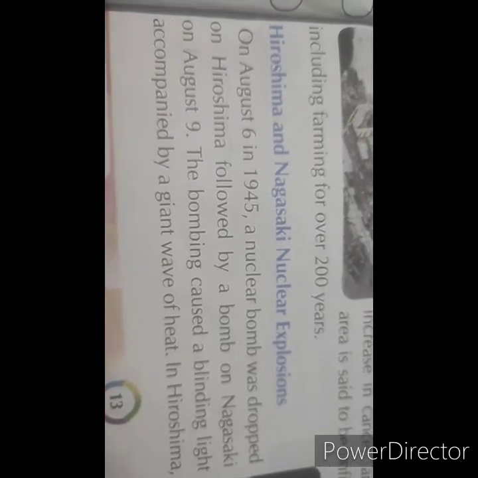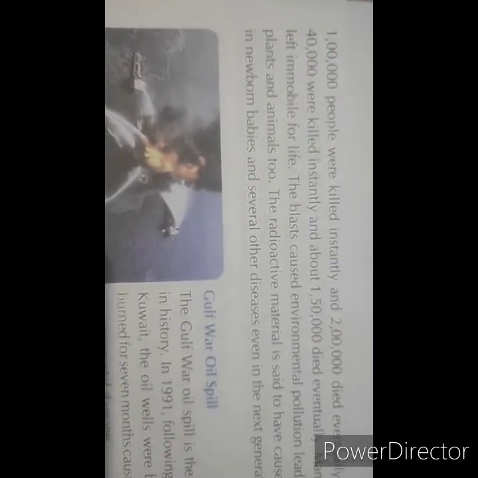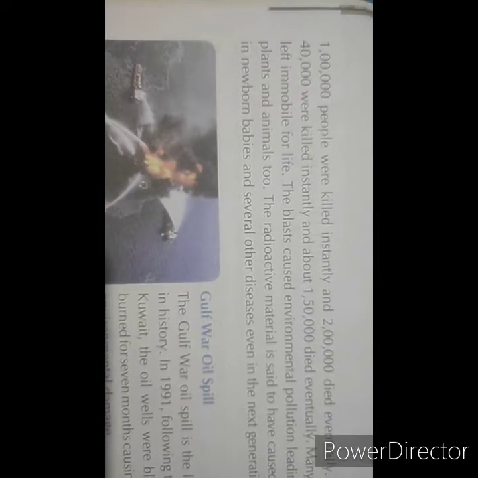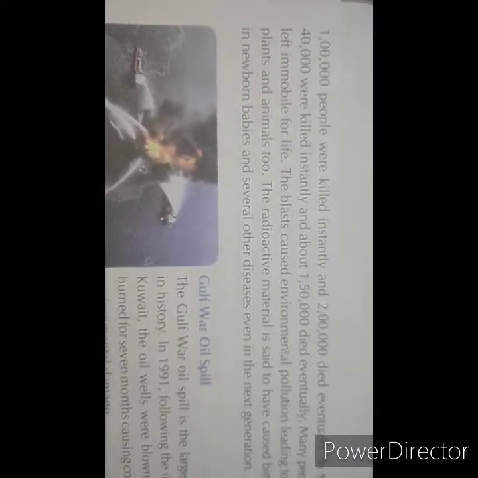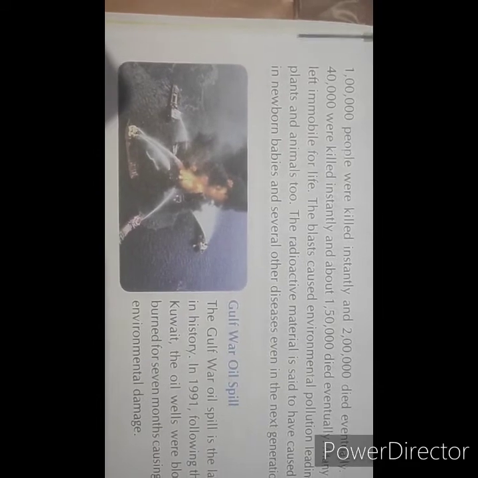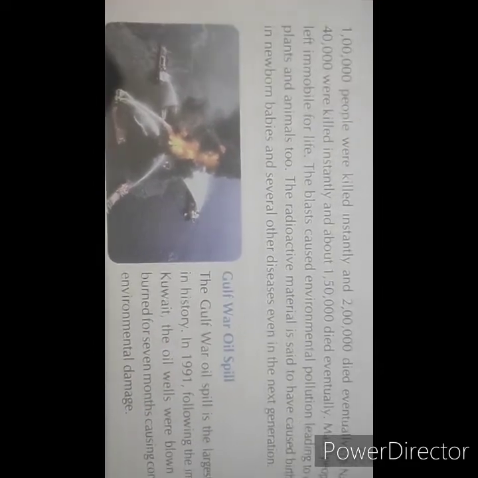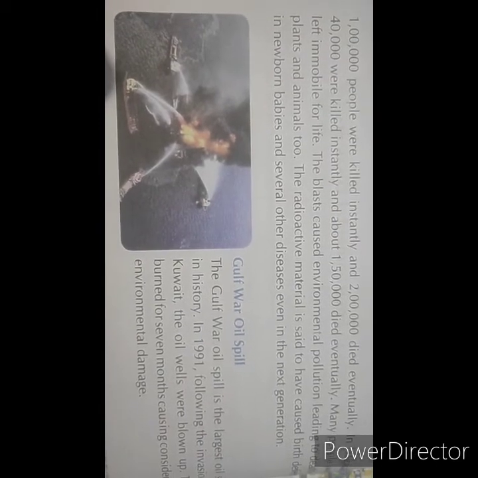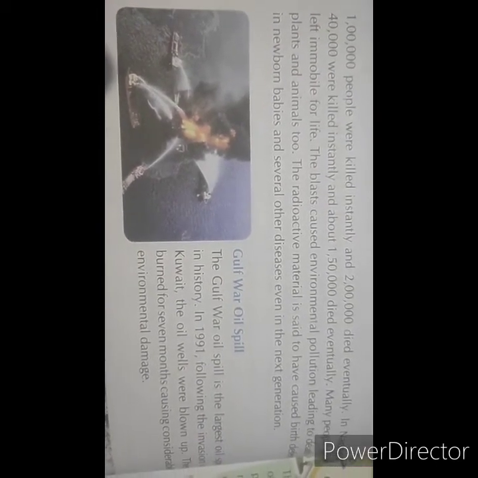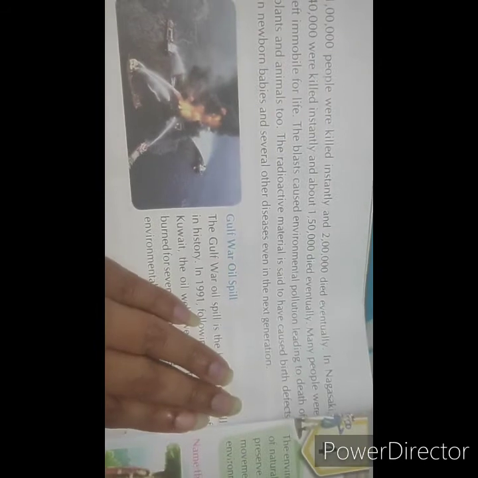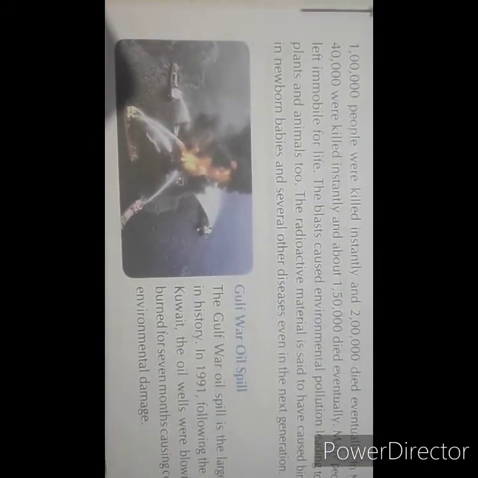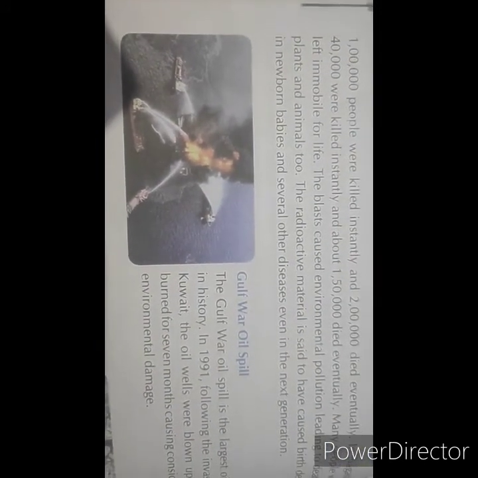In Hiroshima, 1 lakh people were killed instantly and 2 lakh died eventually. In Nagasaki, 40,000 were killed instantly and about 1,50,000 died eventually. Many people were left immobile for life.